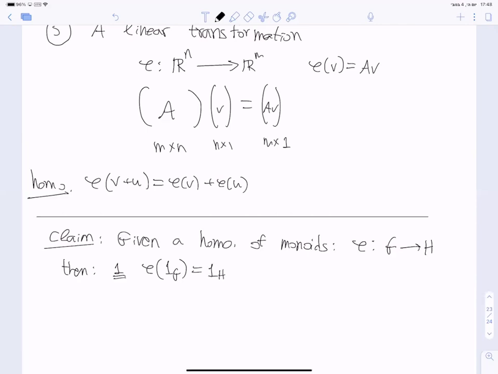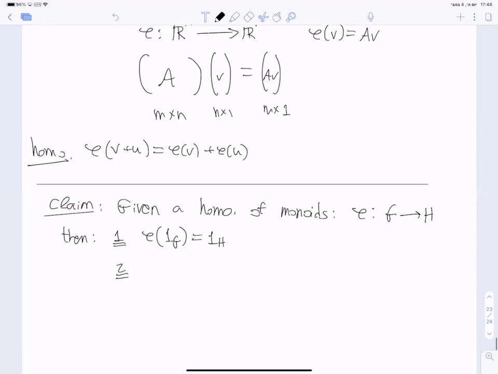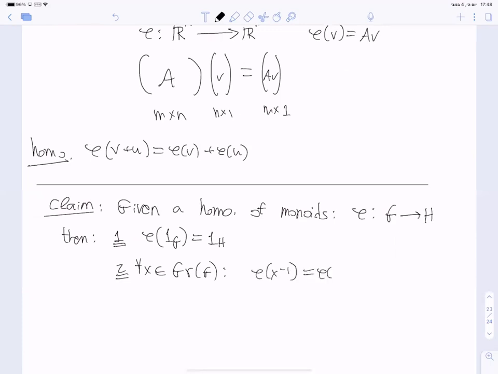And two, if you take an invertible element, so phi of its inverse, it's like taking phi and then taking the inverse.